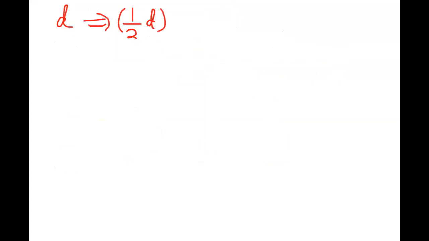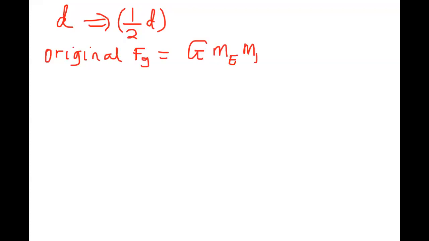But by how much? To find that, we need to go through the same process. Start with the original gravitational force. The original gravitational force is written as G, mass of the Earth, and mass of the rocket, divided by the distance squared.